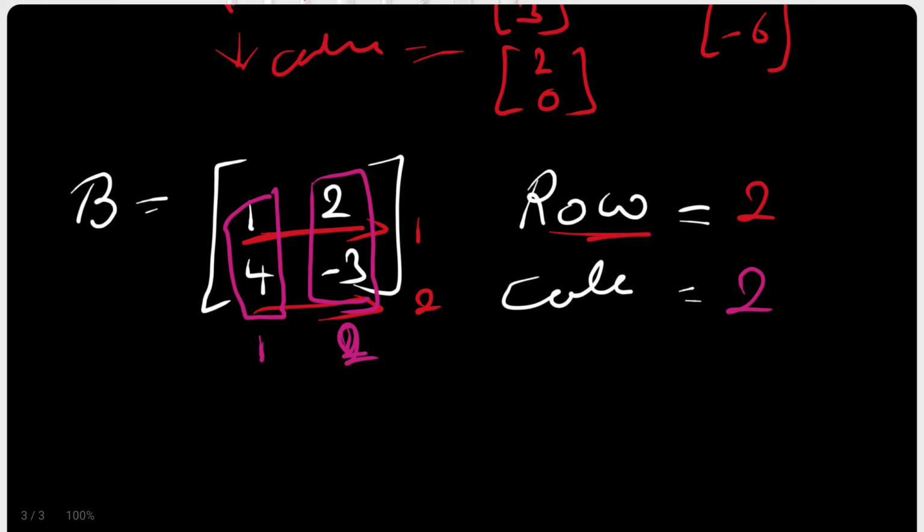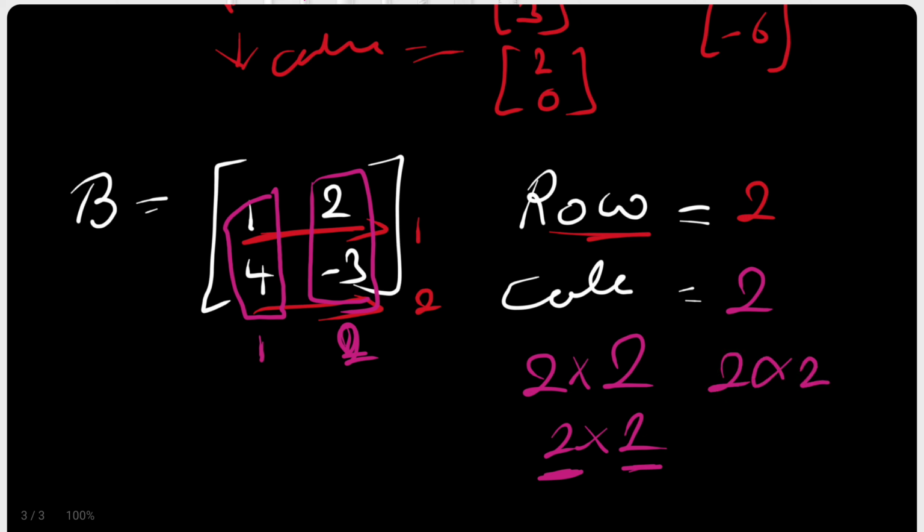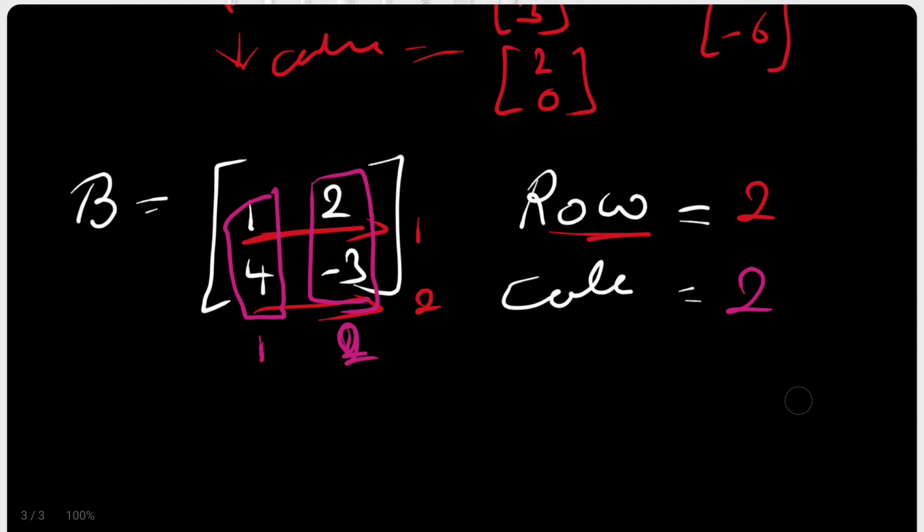So right now this matrix has 2 rows and 2 columns, so we can represent it as 2 cross 2. This is row, this is column. If you didn't understand this, then leave it, I will explain later. First we have to understand that these have 2 rows, 2 columns. Is it clear?